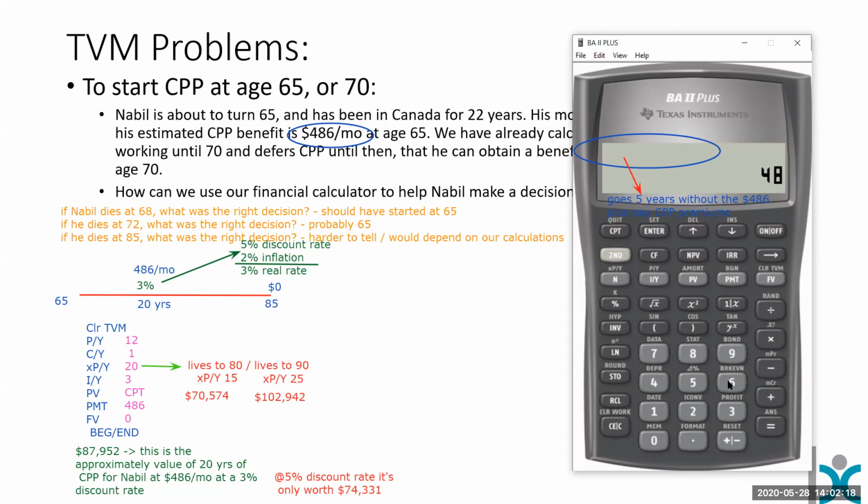I got 486 into the payment spot, 0 in the future value spot, and then we can compute our present value. And we get 87,952. Okay, good, Andrew? All right, perfect.